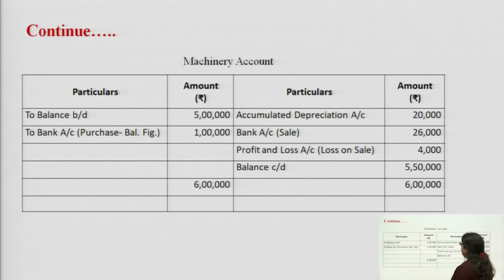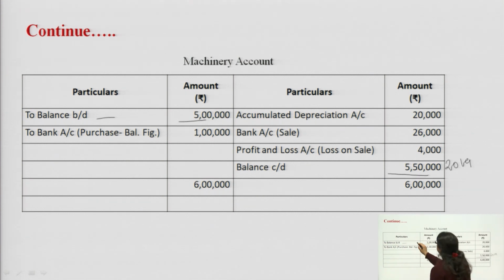Before going in detail, we need to prepare some accounts, because machinery is mentioned there and depreciation is also mentioned there. For this you need to prepare the machinery account. See the machinery account, the balances which we have: it was 5 lakh and 5,50,000, in 2019 and 2018.